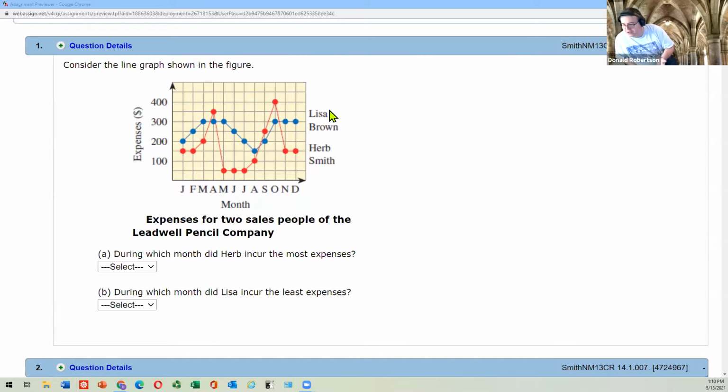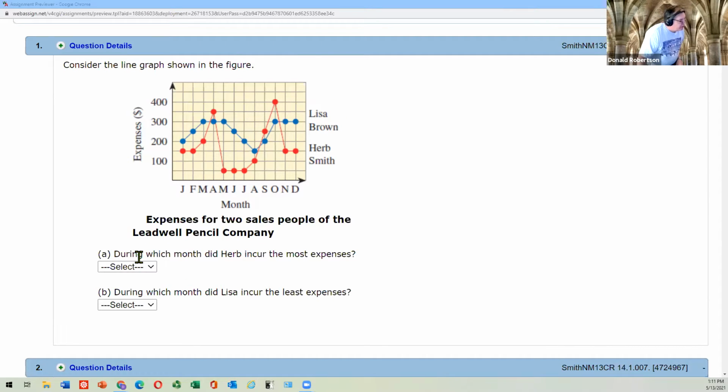In other words, she did vary a couple of hundred one way or the other, but she tended to keep within quite a narrow band. On the other hand, isn't Herb all over the place? Can you see some months he shot up to $400, and other months it was $50? It might be just the way that both of them do their job. Maybe they're salespeople and sometimes they cost more money.